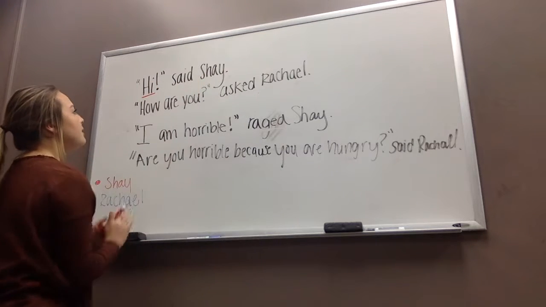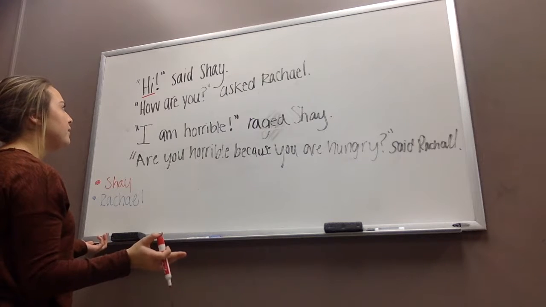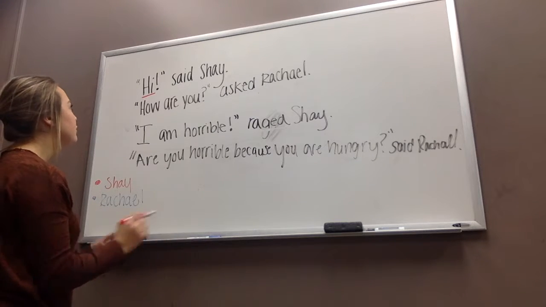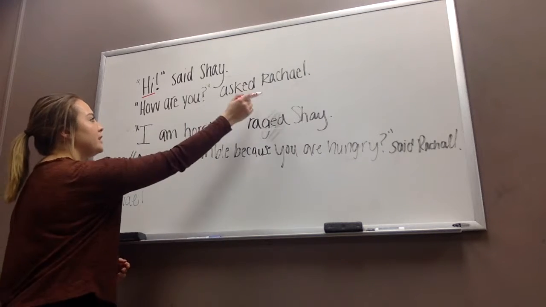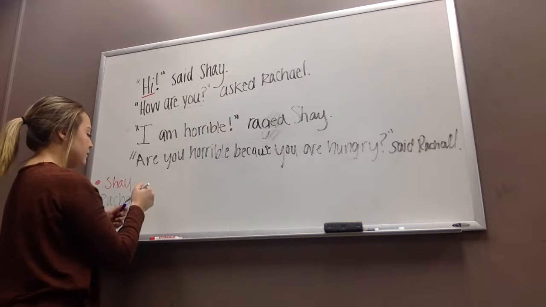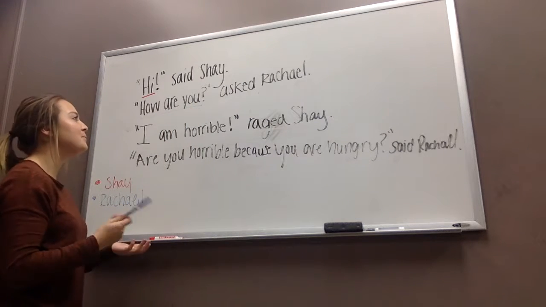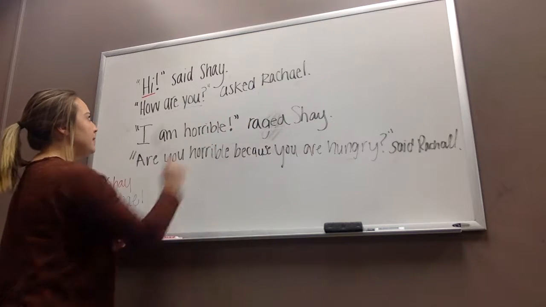Hi, said Shay. And oftentimes when we're reading, we read it so quickly, we'll read, hi, said Shay, how are you? Without forgetting that Rachel is actually speaking in the second line. So we need to slow down and look before we rush into the next sentence to indicate who is actually speaking here.